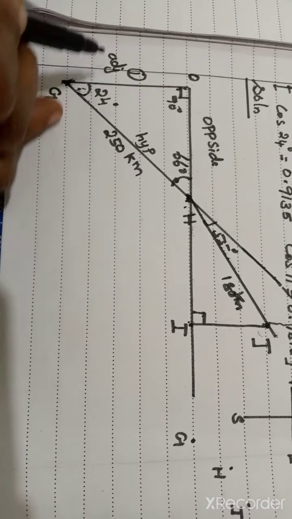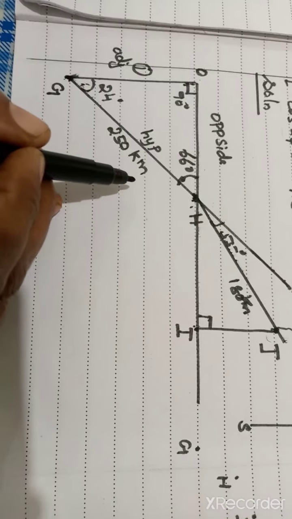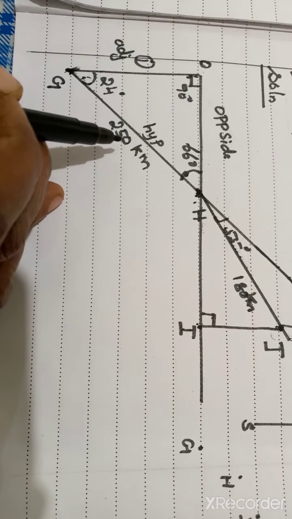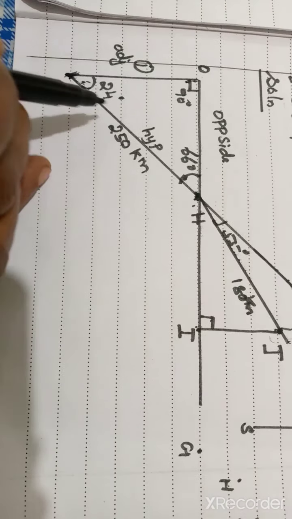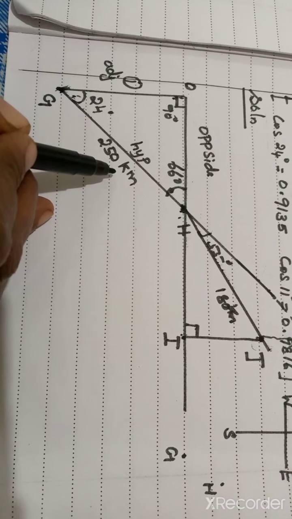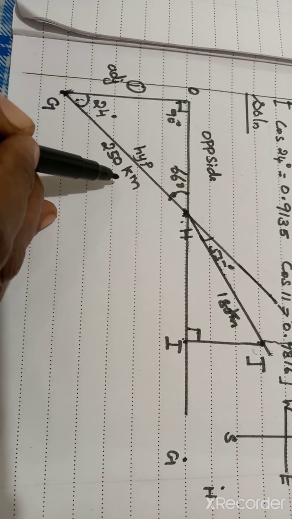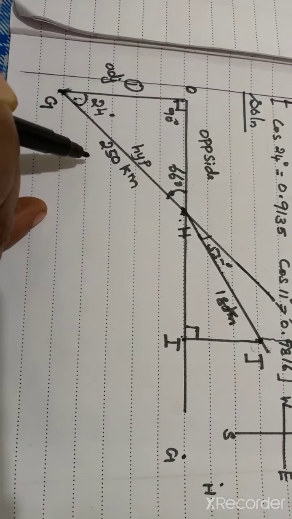Hypotenuse value is there, adjacent we have to find out. So cos ratio we have to take now. Did you understand, students, why we are taking the cos ratio here? Adjacent we have to find out. Hypotenuse value is there. Okay. We know cos theta equal to adjacent by hypotenuse. So cos ratio we are going to use here.